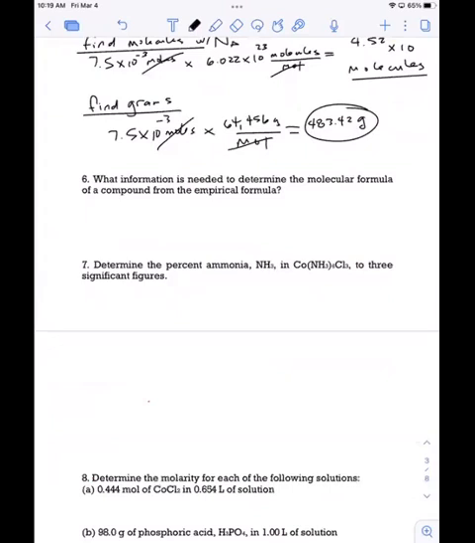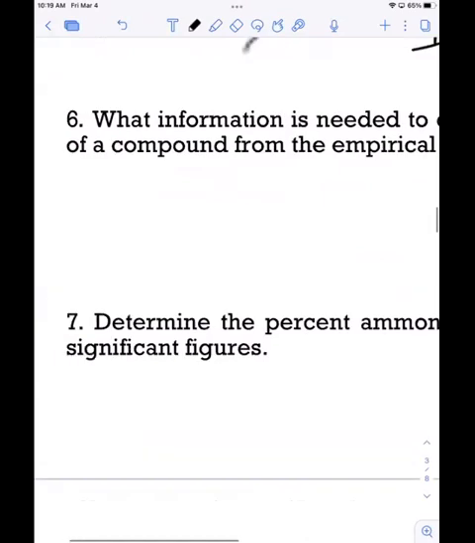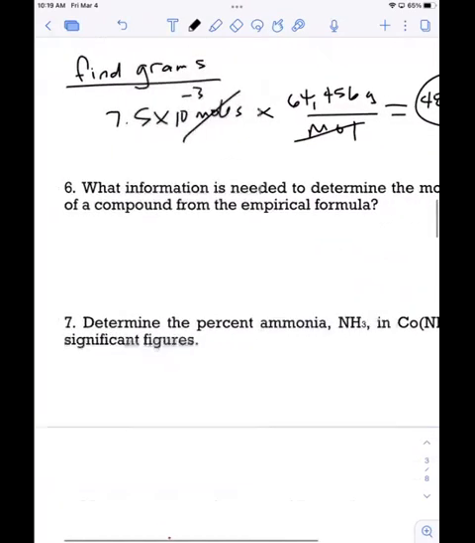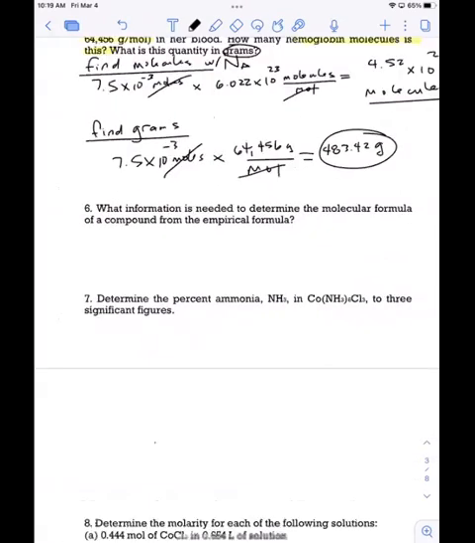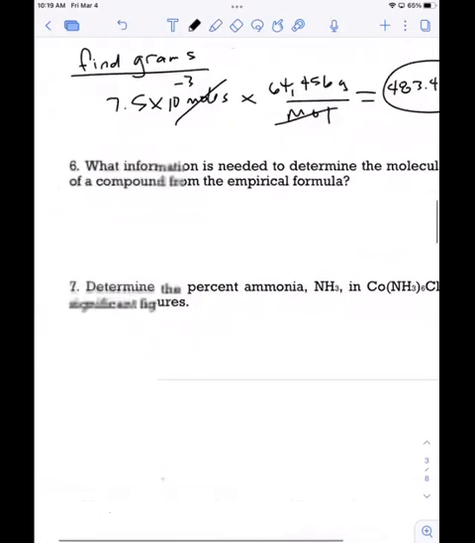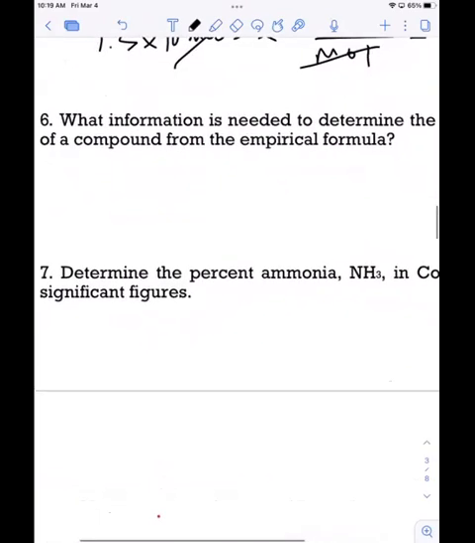Let's answer that real quick. What information is needed to determine the molecular formula of a compound from the empirical formula? What do we need to find? We just did this too. Anybody remember? You need to find formula units, don't you?